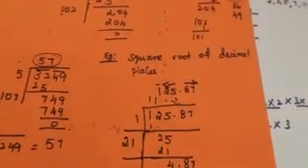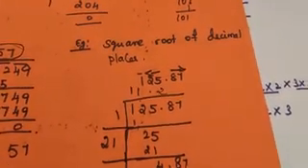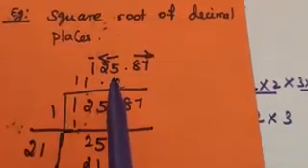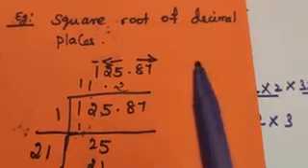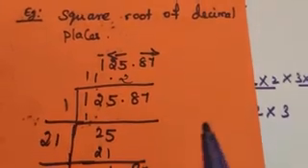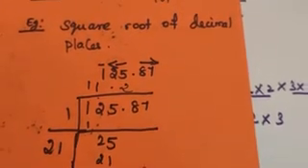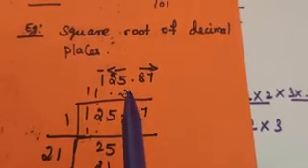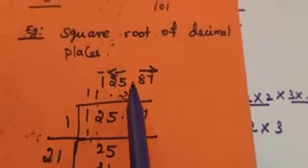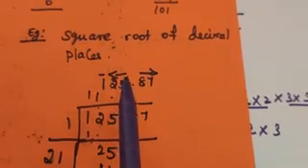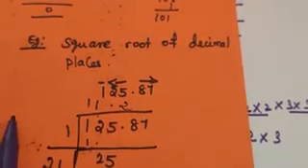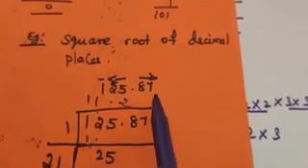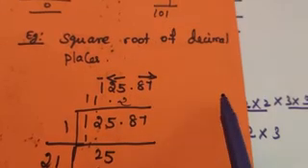Suppose a decimal number is given to you. How to find out the square root of that decimal number? Right? 125.87 is the number. For this you have to find the square root. What you will do first, whenever you are making pairs in a decimal number, for the whole part you make pairs from right to left, and for the decimal part you start from left to right.